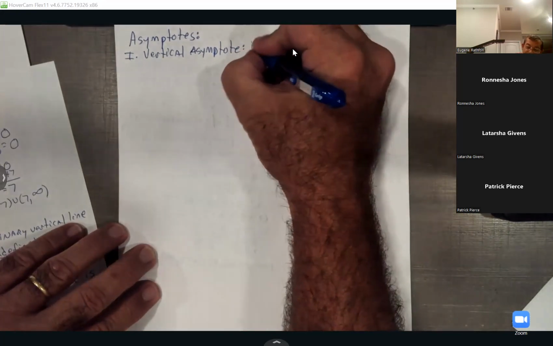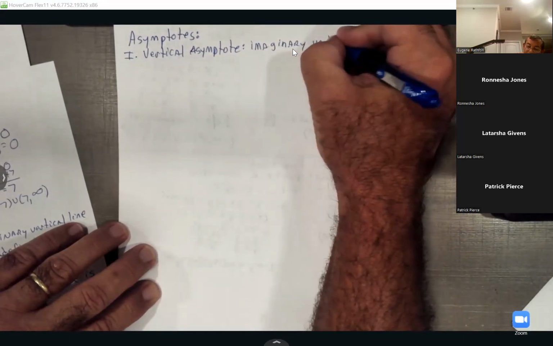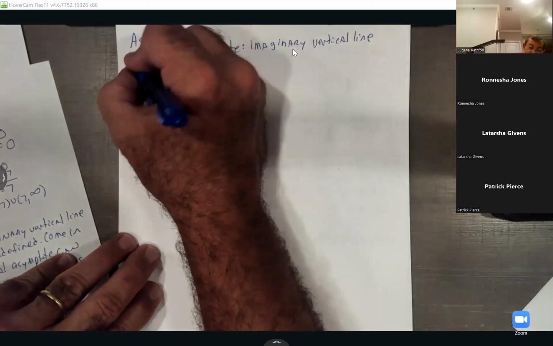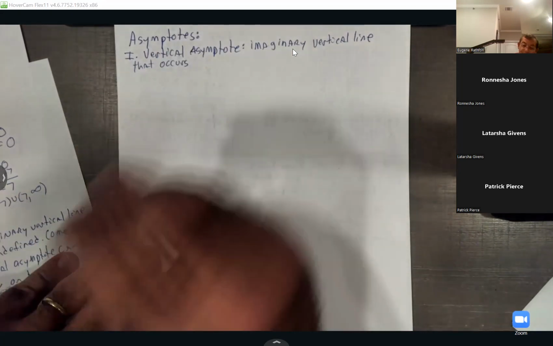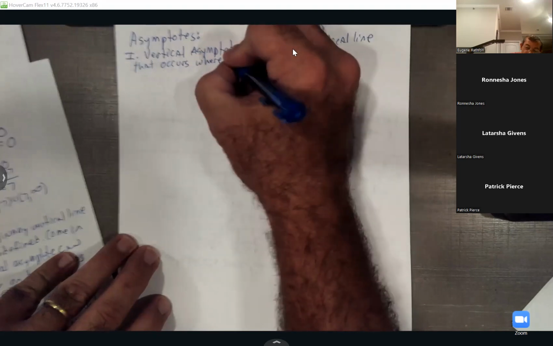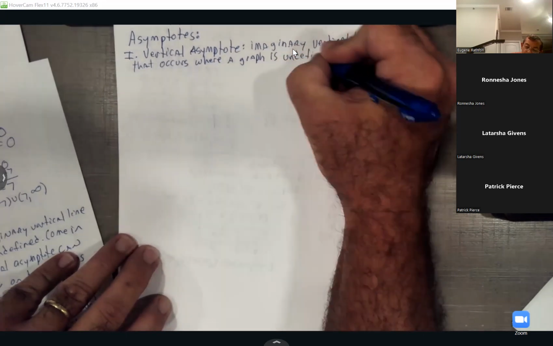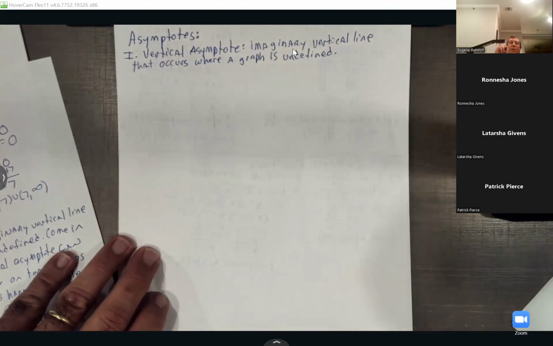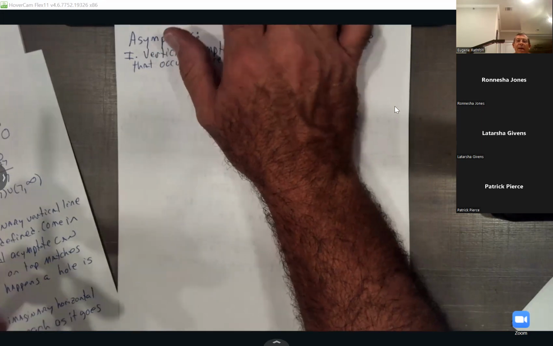All right, so it's an imaginary vertical line that occurs where a graph is undefined. So if it comes on a graph where it's undefined, that's some of the stuff we were doing earlier when we found the domains.